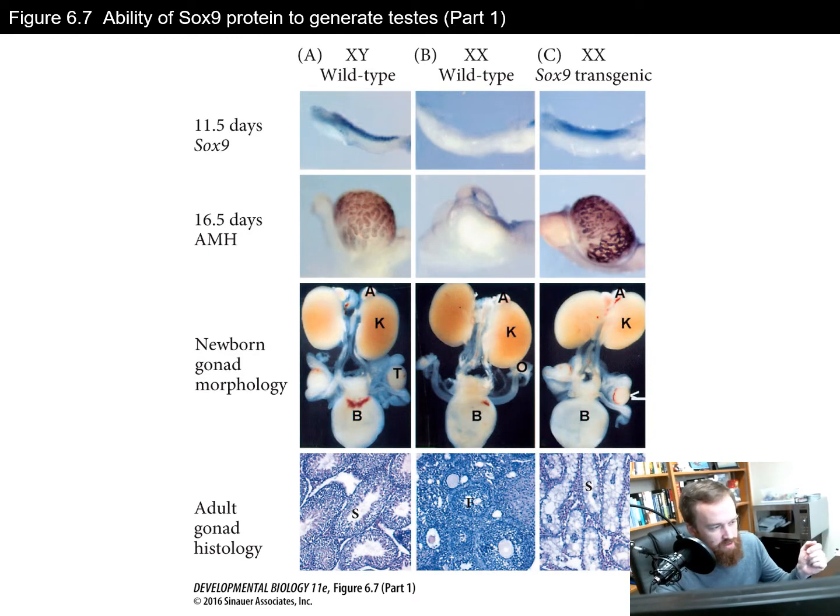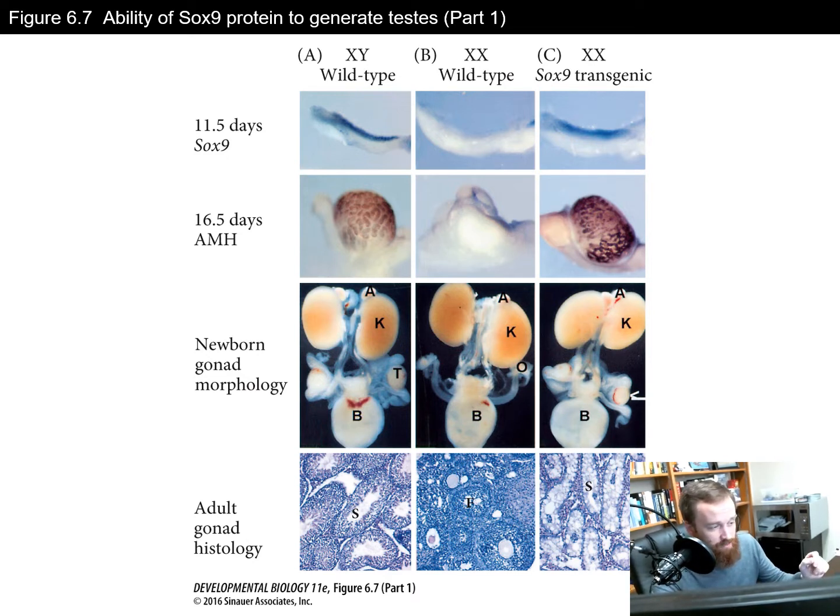So remember, SRY is kind of the master switch, but it acts in accordance with SOX9. So SRY is only active for a few hours, where it activates SOX9. So further, kind of looking at that same experiment as we did in the last scenario with the transgenic SRY gene, we can also look at transgenic SOX9 to see its role in development.